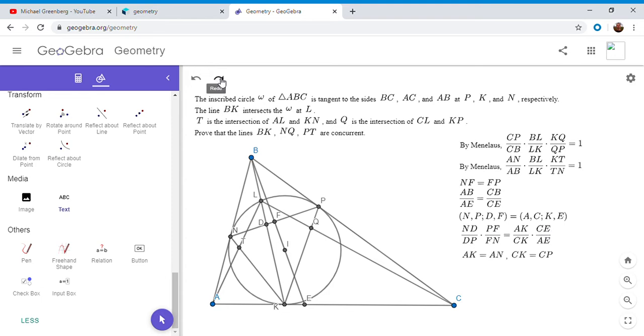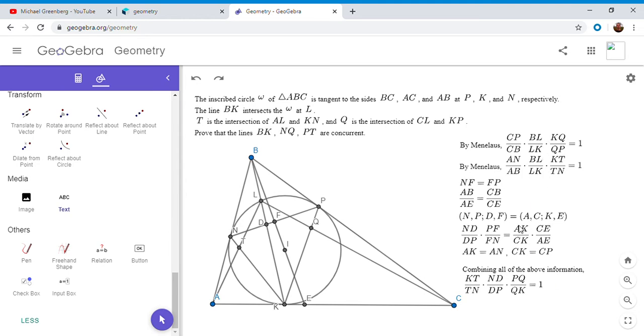Okay, so I'm not going to write out all the algebra, but if you combine all these equations, you get exactly what you need for Ceva's theorem on triangle KNP. So combining all these equations, you get KT over TN times ND over DP times PQ over QK is equal to 1.